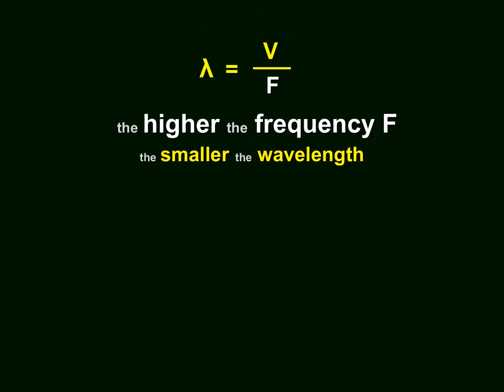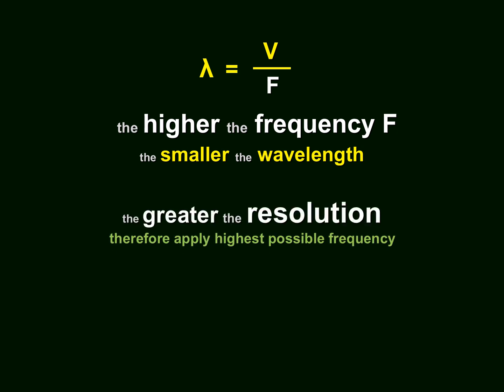And when we look at this formula, we see that the higher the frequency f is, the smaller becomes the wavelength. And a smaller wavelength, of course, means a greater resolution. Therefore, we try to apply the highest possible frequency when we examine the eye and orbit with ultrasound.